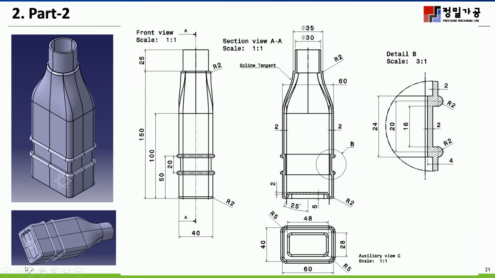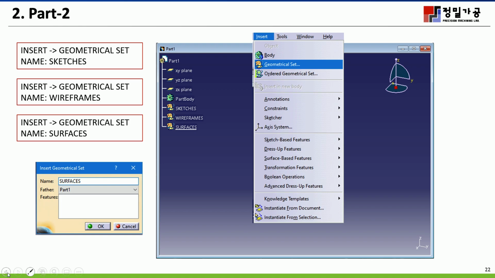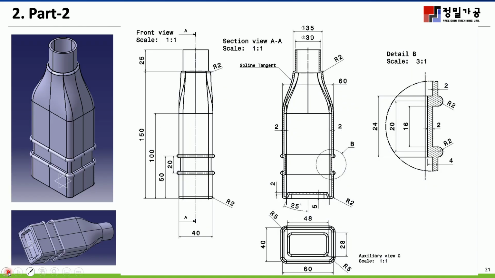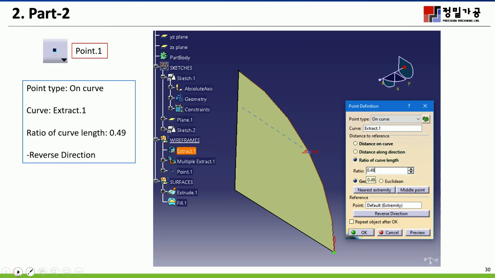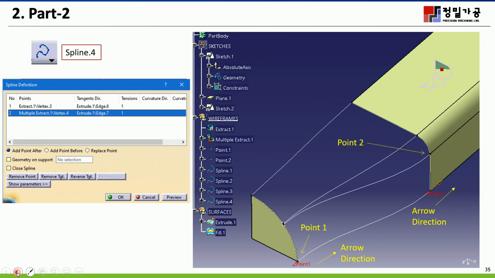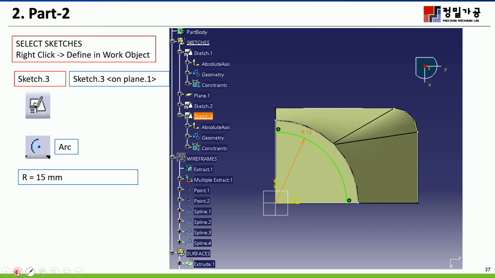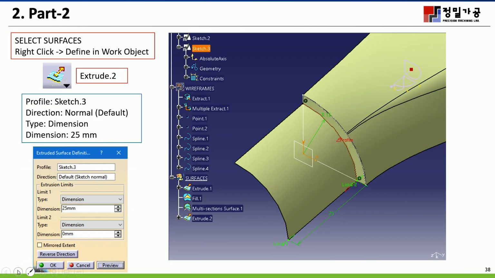Yeah, about 25, right? This radius is 13 and 15. Okay, 15, and then extrude 25.